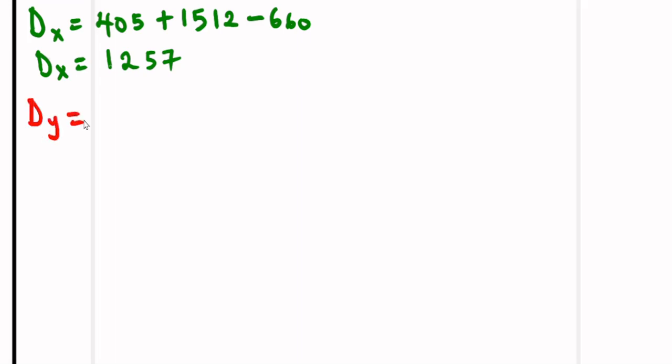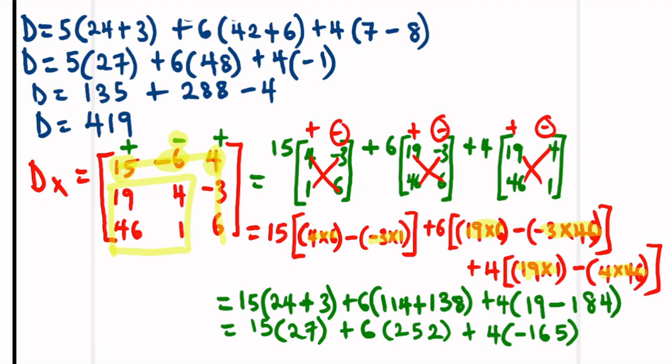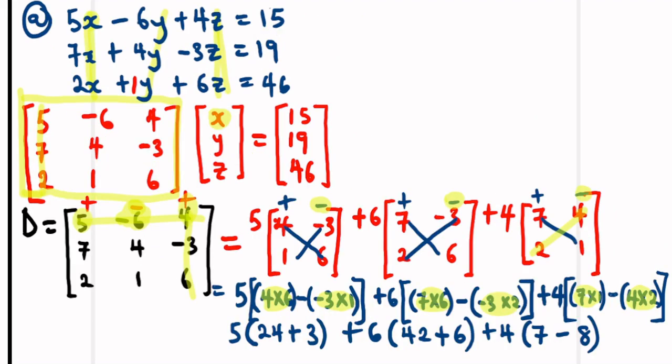So dy is going to be, now let's go back. At this point, we are looking for the determinant of the coefficient of y, meaning that I am going to replace the coefficient of y with the values of d. The coefficients of y here are 6, 4, and 1. I'm going to replace them with 15, 19, 46.